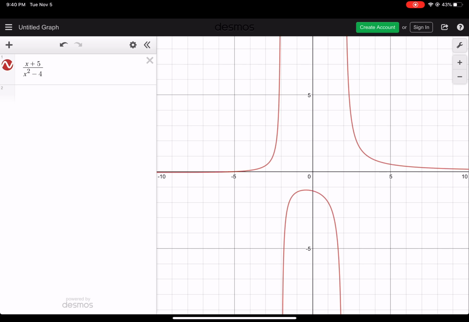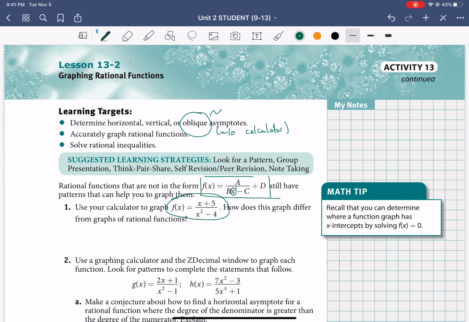So we need to talk about how we can see all this stuff in our function. So the book asks, use your graphing calculator to graph this function. How does this graph differ from the graphs of our other rational functions? I already kind of said it out loud, so let's go back to our notes.